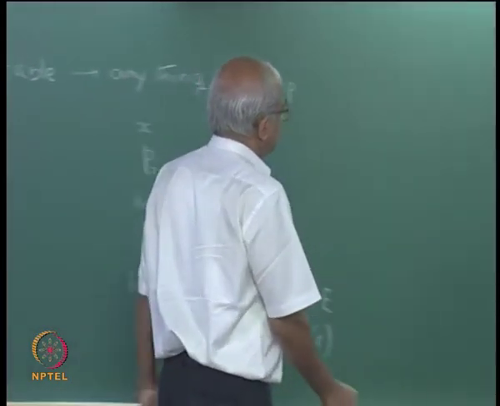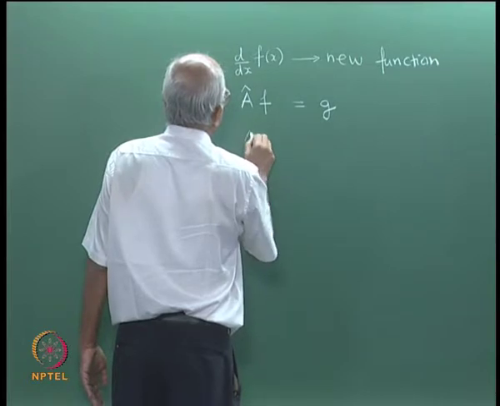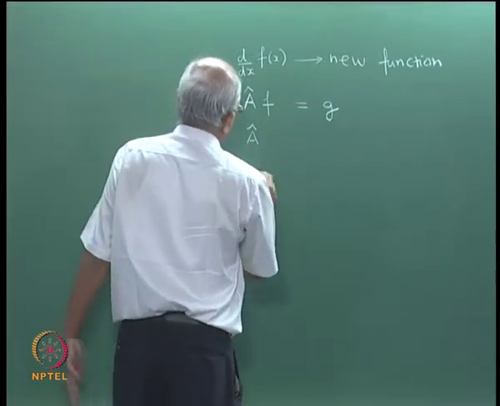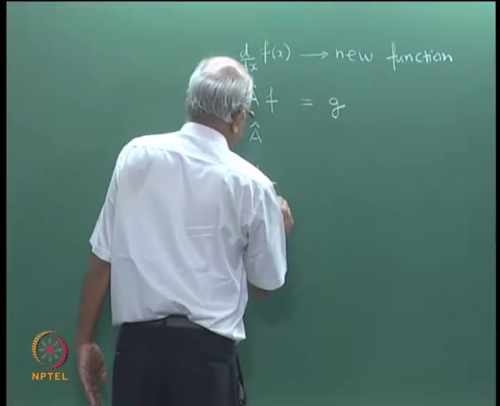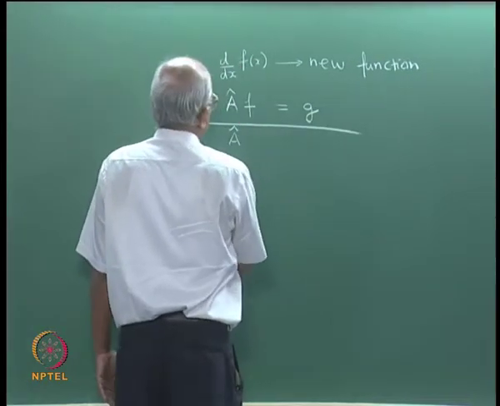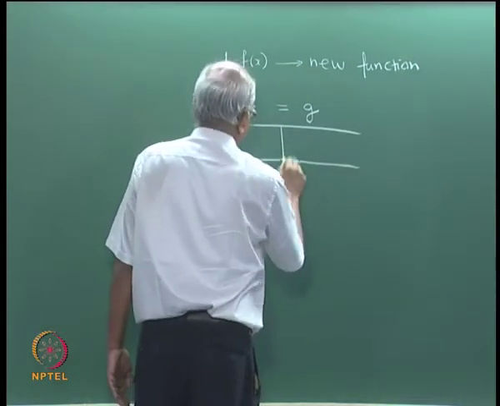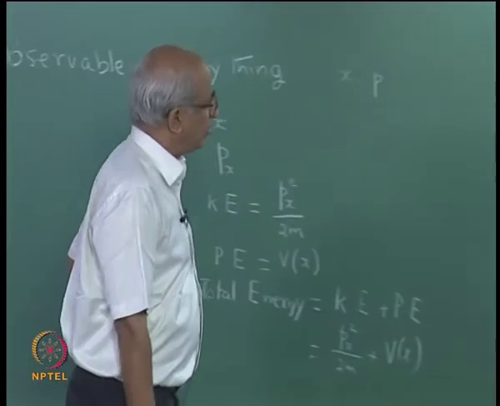The simplest example for A: let me give you a kind of list which will list different operators. So, d by dx is a typical operator that I can think of.